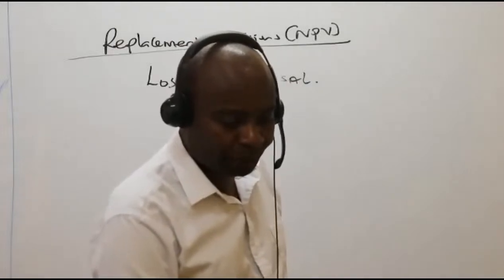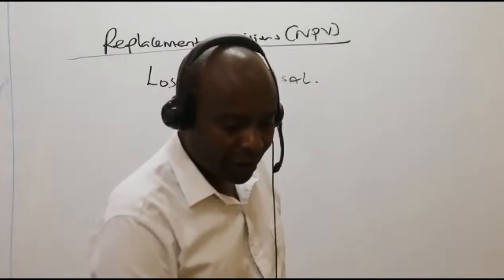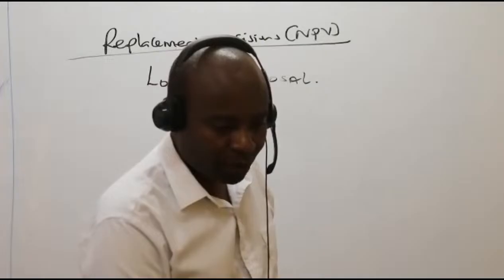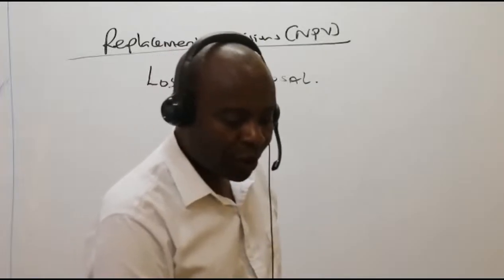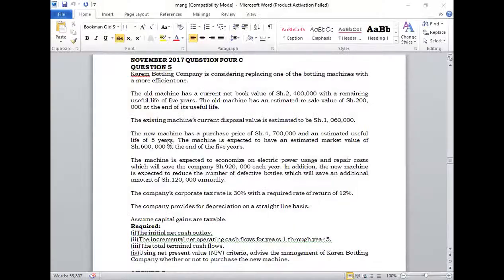I know you took a photo of this, right? The loss on disposal. So ladies and gentlemen, the loss on disposal is here. We know that this old machine has a current net book value of 2.4 million with a remaining useful life of how many years? 5 years.